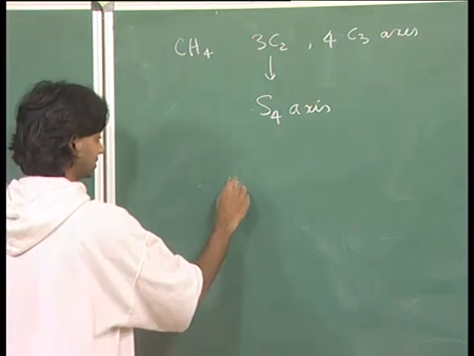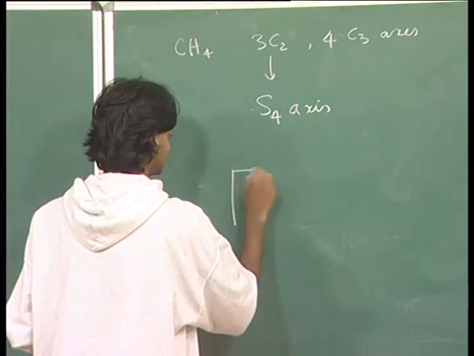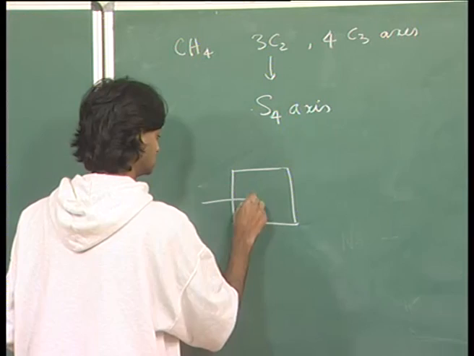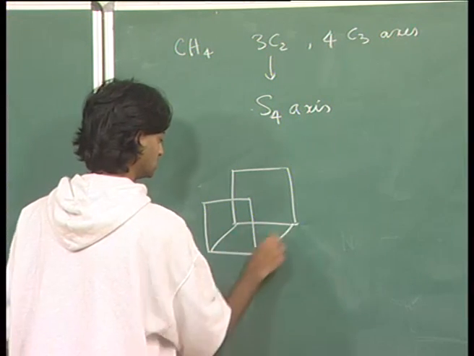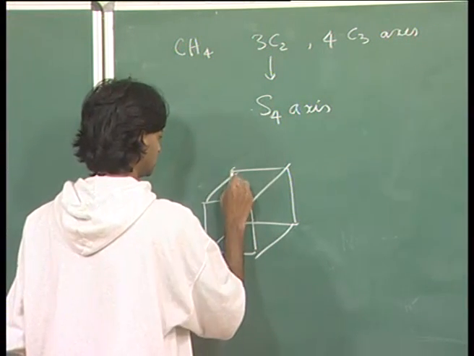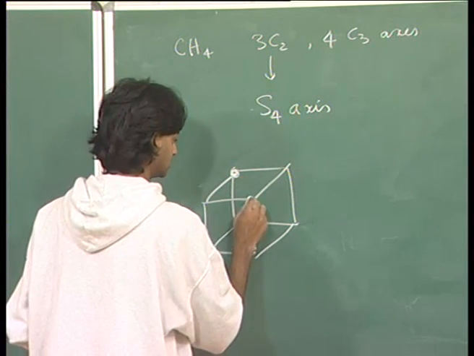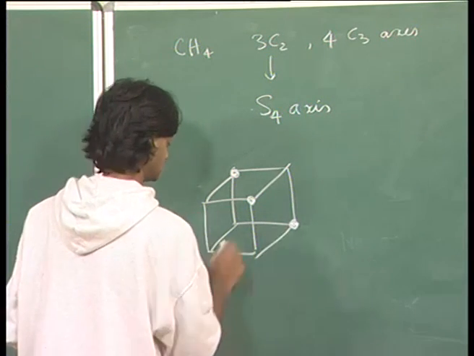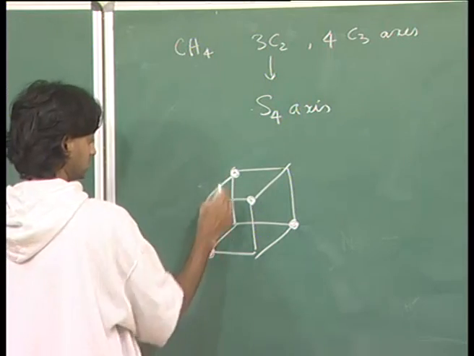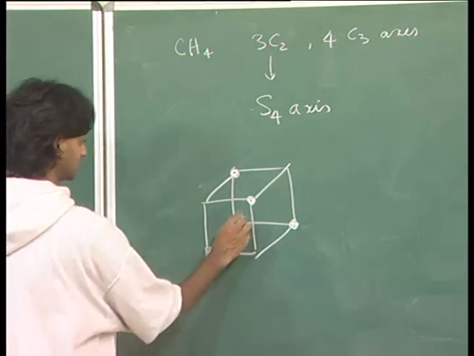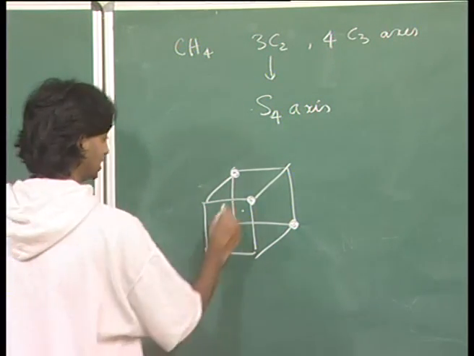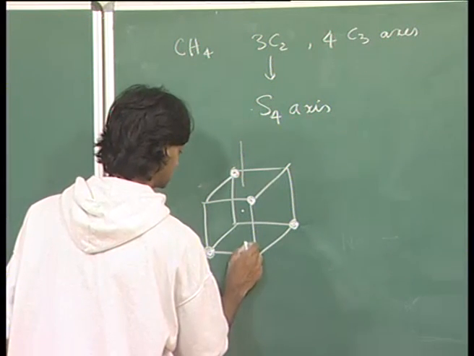So again you can see that quite easily. So, if I draw a tetrahedron, so you have these 4 hydrogens, and you have the carbon in the center. Now we said that this is a C2 axis.